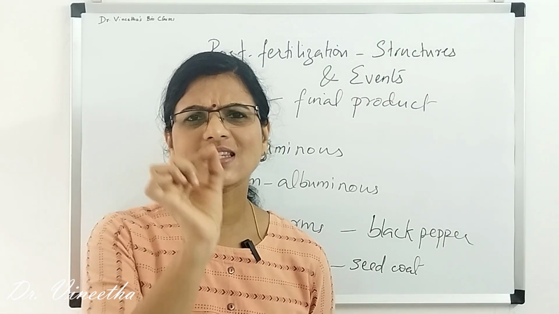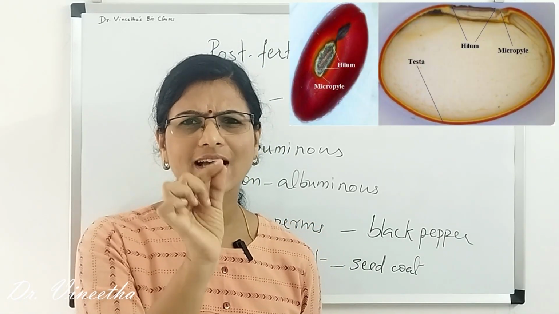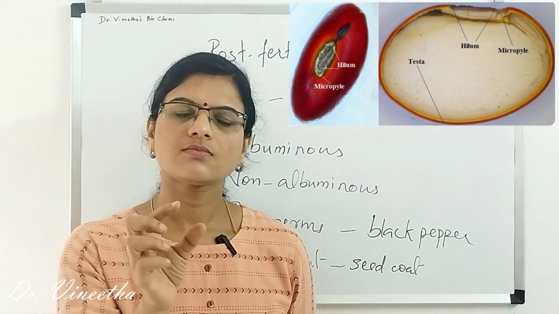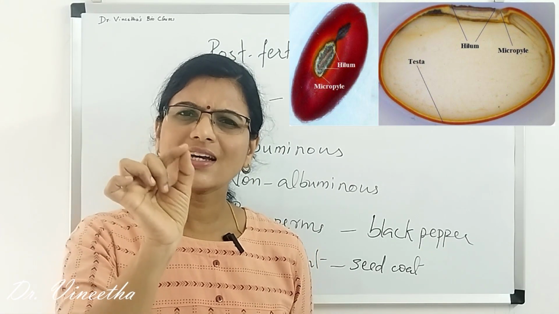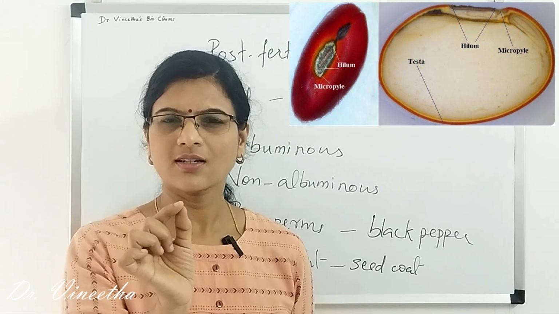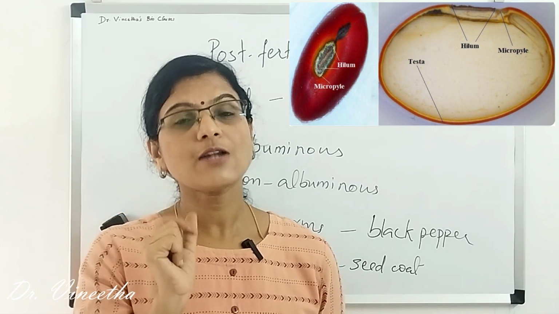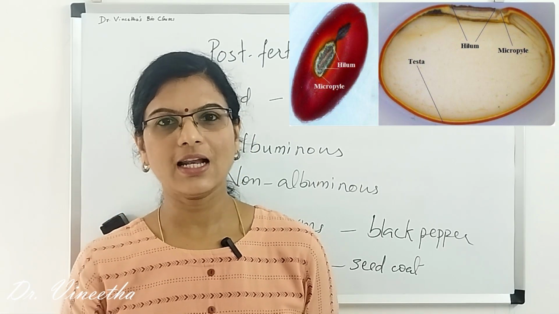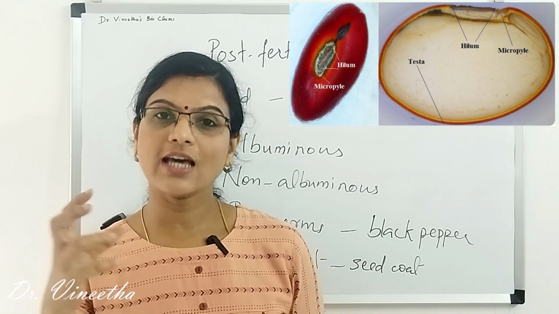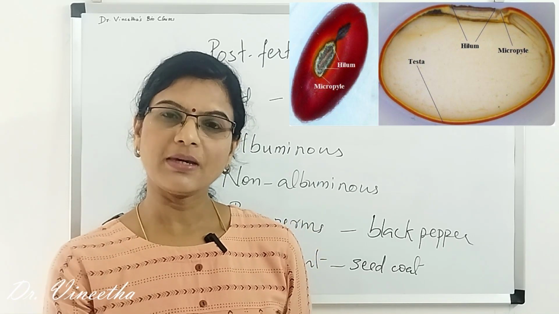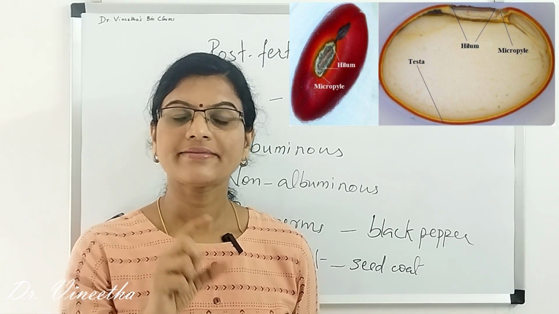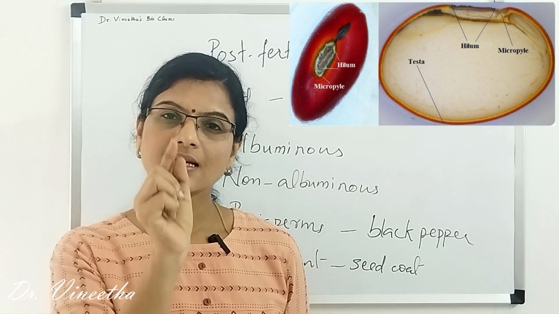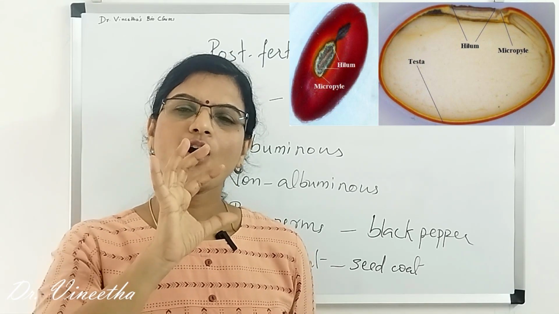And you might have seen a small pore-like thing on the seed, right? If you take a green gram or any gram, you will find a small pore-like thing on the seed. That part is actually the micropyle. The micropyle, which was the entry point of the male gamete into the ovule, remains as a small pore on the seed coat.